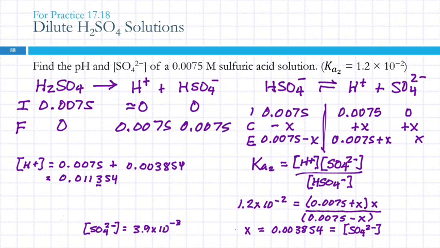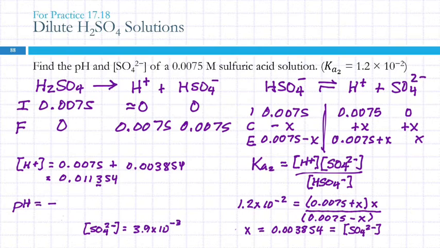We actually gained a sig fig there because when you add numbers, you look at how many decimal places. This one has 4 decimal places with 2 sig figs. This one has 4 decimal places. And so this one's going to have 4 decimal places, but now it has 3 sig figs. And that's okay.